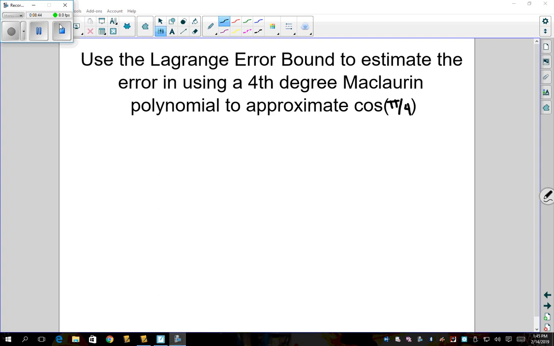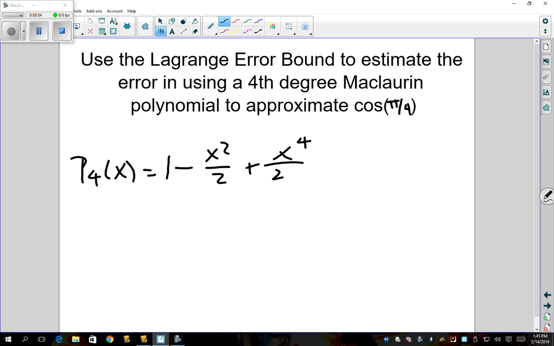And so our 4th degree polynomial is 1 minus x squared over 2 plus x to the 4th over 24. So this is in your Maclaurin series table that we need to know. Since we're not given anything that it's centered at, we're given that it's a Maclaurin polynomial, so it's centered at x equals 0.